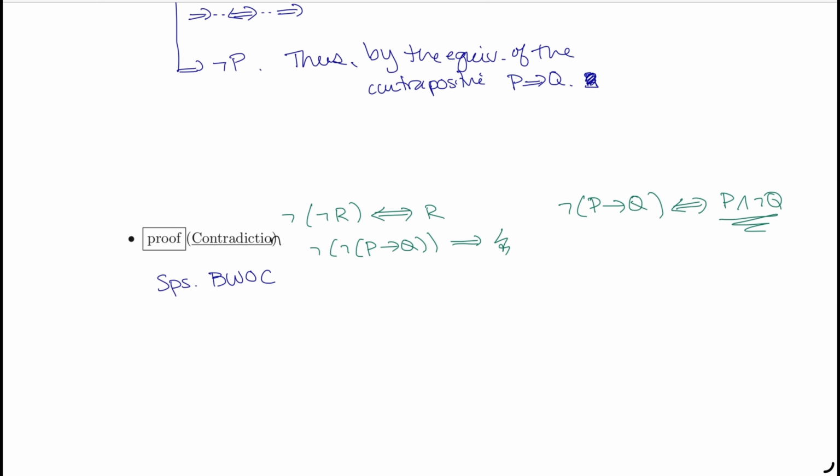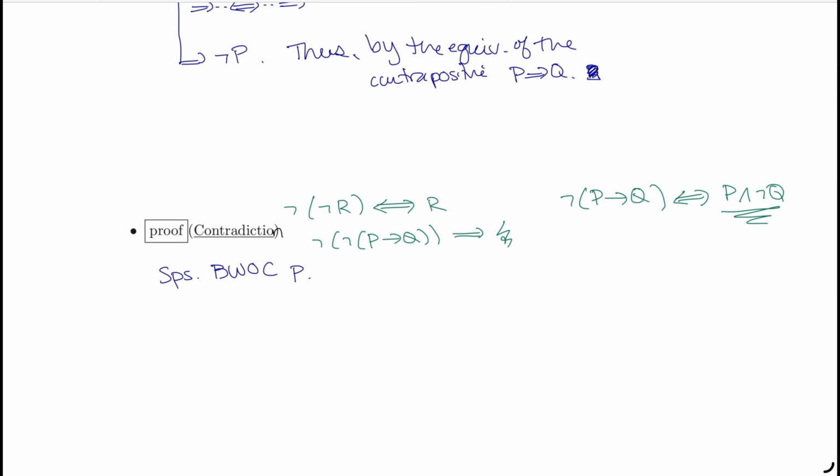So suppose by way of contradiction, P and not Q, and then, once again, create your series of logical implications and or equivalences until you reach some sort of contradiction, and you can say, thus, it follows if P, then Q.